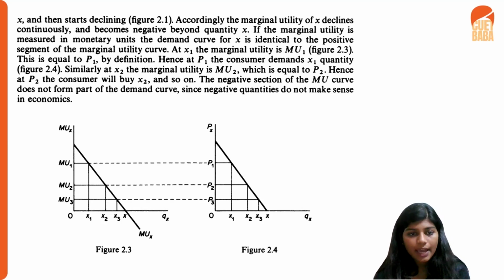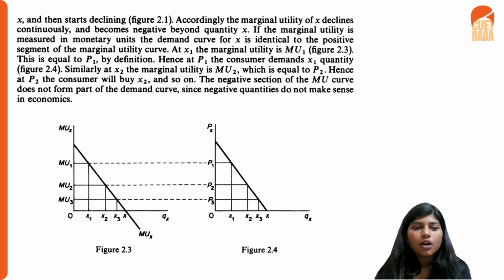Similarly, if we take x2, the marginal utility received is mu2, and at the same line we can see p2, so the consumer will buy x2 at p2. The negative section of the MU curve does not form part of the demand curve. So this goes on, and there is a diminishing curve that we can see.